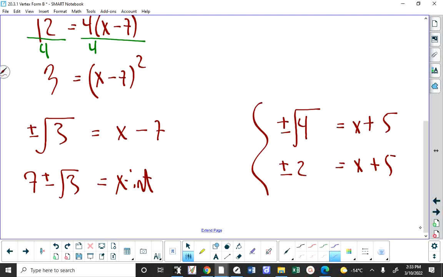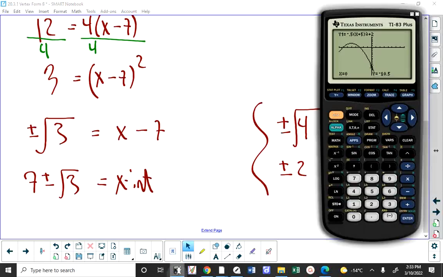I might as well show you now how to find the x-intercepts on your graphing calculator. Okay? Because you're going to need to know this sooner or later. What did we have? We had y equals 4 times x minus 7 quantity squared minus 12. Am I right?